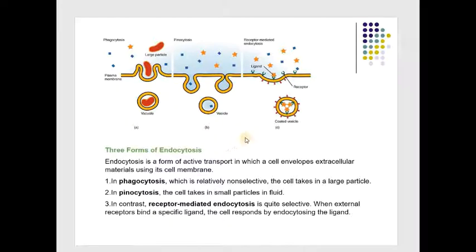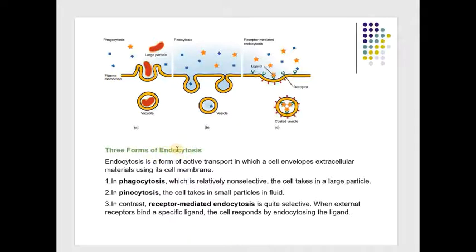Okay, before we get going on organelles too much, I wanted to take a second to talk about ways that we get materials in and out of the cell. So in this case, this is the plasma membrane. Okay, so this is that phospholipid bilayer. So we can do what is called endocytosis.